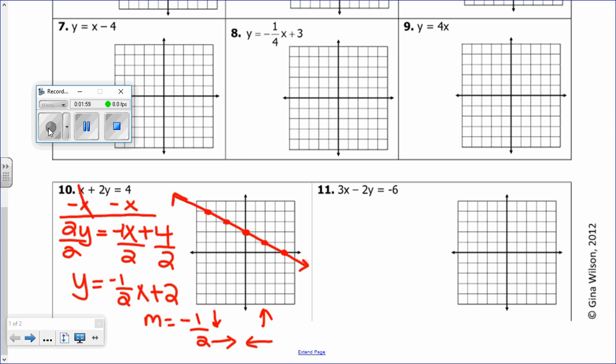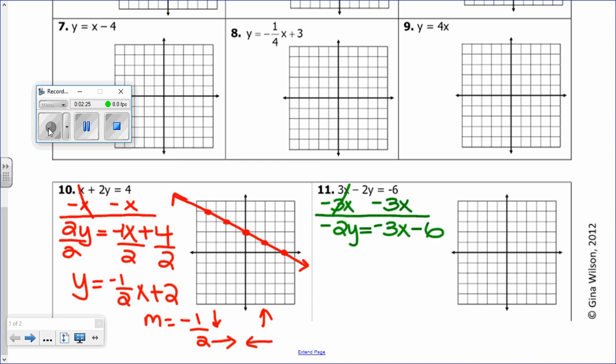For number 11, we have 3x minus 2y equals negative 6. Again, it's not in slope-intercept form, so we need to solve for y. We're going to subtract 3x from both sides. Those cancel. We have negative 2y. Don't forget that's a minus 2y, but bring it down to be negative, equals negative 3x minus 6.